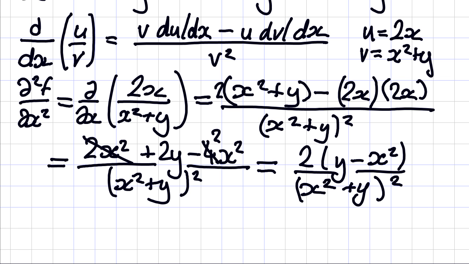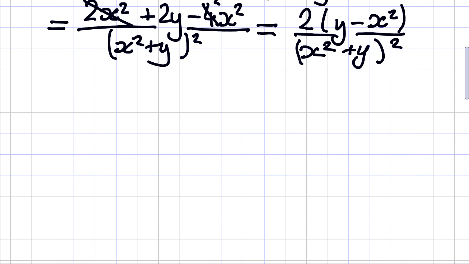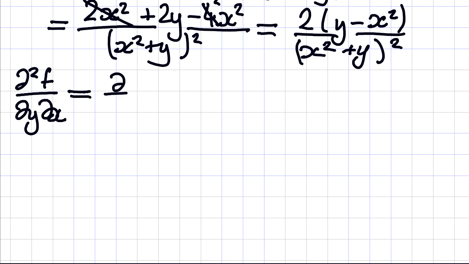The next thing to do would be to take the cross derivative, d2f dy dx, so that's d by dy of df dx, so that's 2x over x squared plus y.